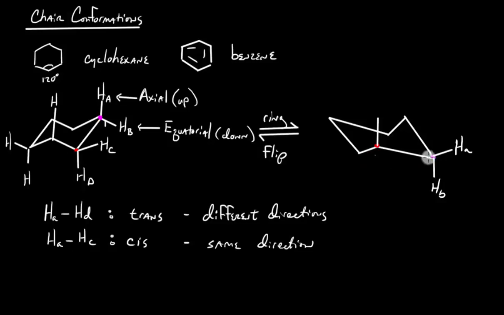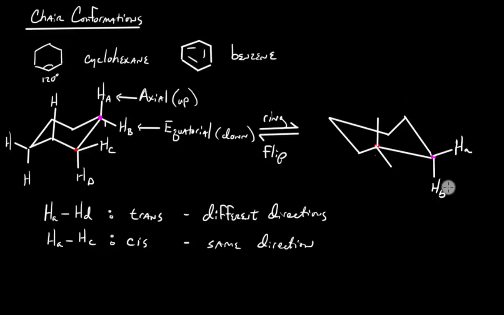So if this white and this pink make red point upwards, the axial will also point upwards. Right now, this carbon is pointing upwards, so the axial will also point upwards. This carbon is pointing downwards, so the axial will also point downwards. And the same thing here. This carbon is pointing downwards, so its axial will also point downwards. Okay. So now that we know that the axial is going to be pointing upwards, the equatorial must be pointing downwards. So here's our equatorial.